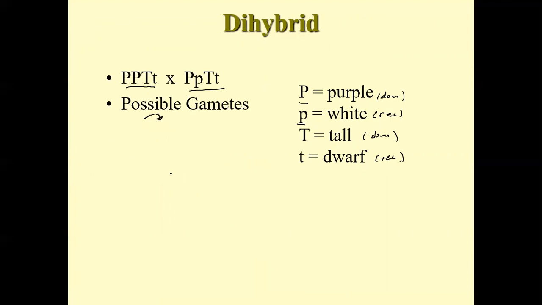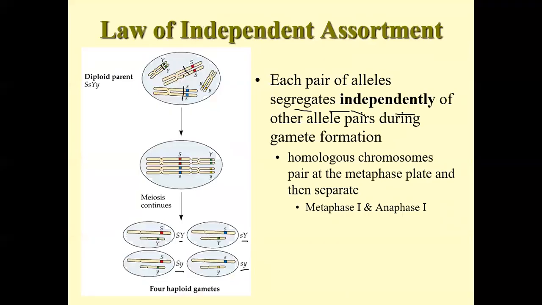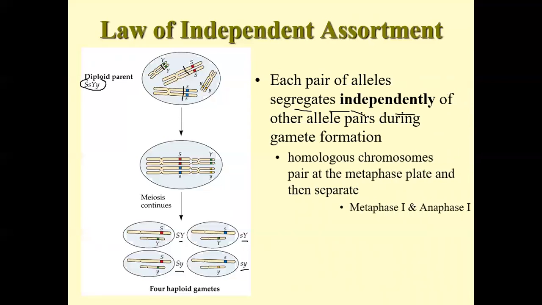So let me jump back to this picture. If this was the diploid parent, big S, big Y, little y, figuring out the gametes here is actually pretty easy when you do this method. Let me show you, and then we can make sense of it.